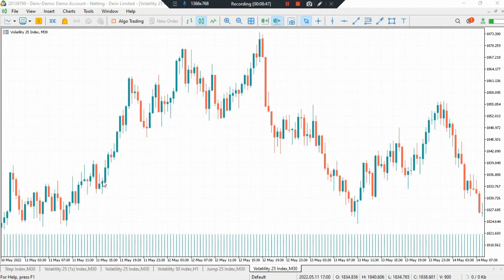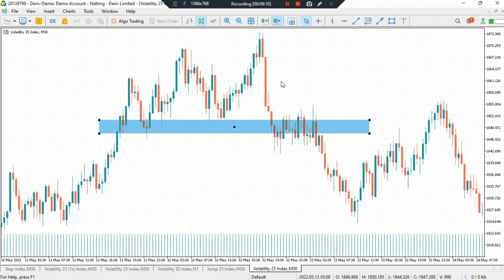Okay, so this is my third example. As you can see, on the last example we were on a downtrend, but now this was an uptrend, which is now changing direction to go to a downtrend. If you recall what I showed you on the first example, we are identifying our area.